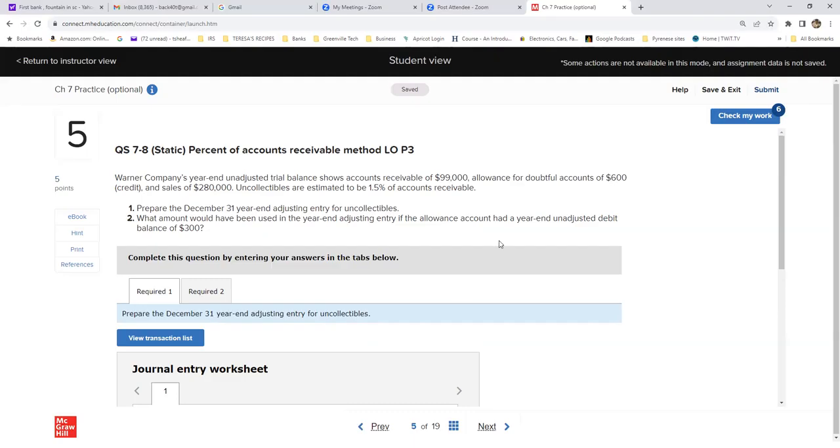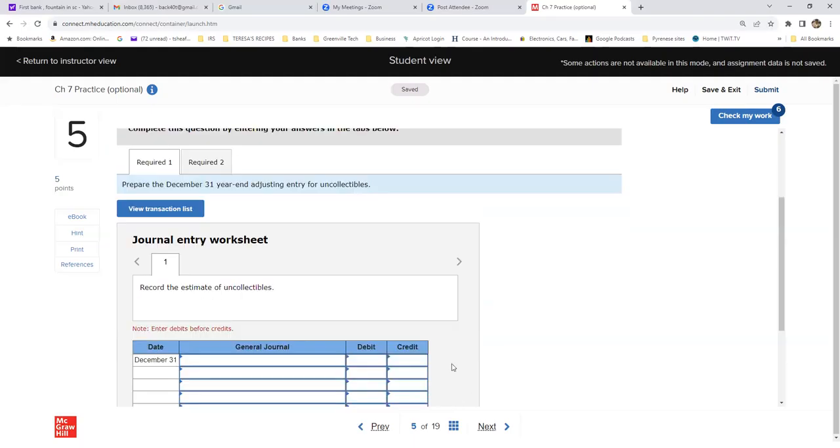Now, here's the thing though. We have a balance of 600 that we're bringing into the year. So after we calculate what the bad debt's going to be, which is $1,485, we're going to subtract the $600 from that. And so that means that we're going to raise up that account by $885.